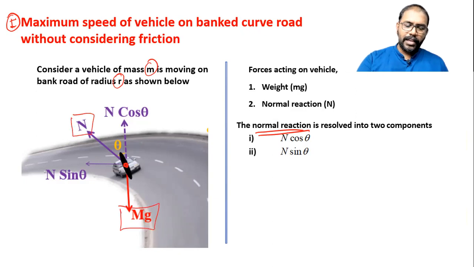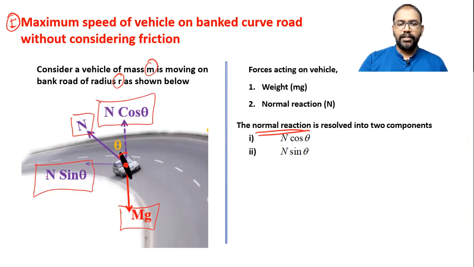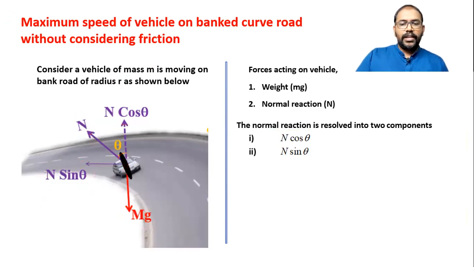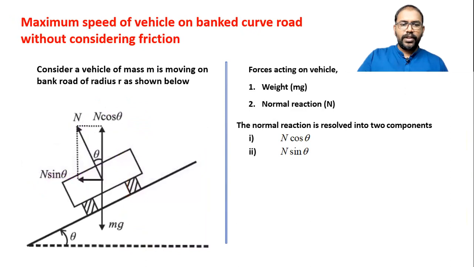Now n is resolved into two components. This is n cos theta and this is n sin theta, because this angle is equivalent to the angle of banking. So here we get the component diagram. We can write a more proper component diagram like this.